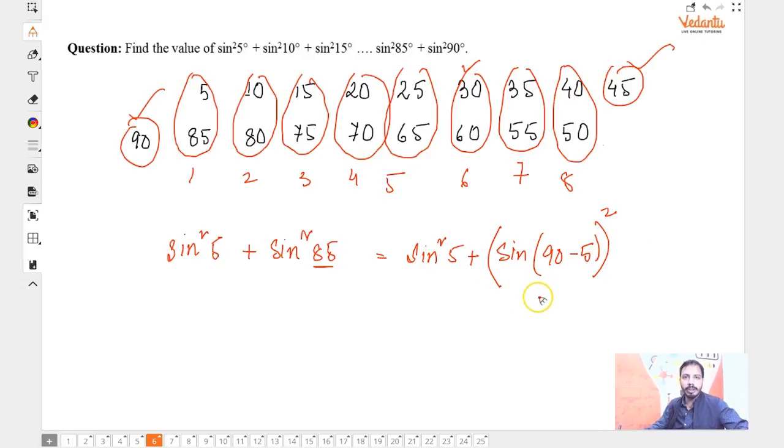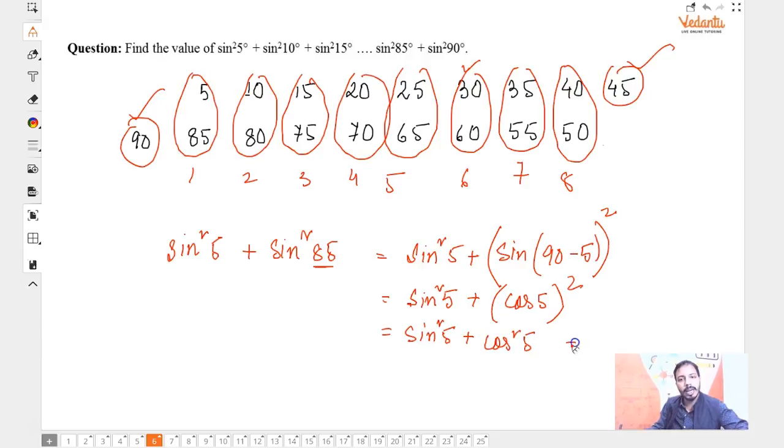This is something you need to understand, okay? Now I can write this as sine square 5 and I know sine of 90 minus 5 can be written as cos of 5 and whole square. So this can be written as sine square 5 plus cos square 5 and this is nothing but 1. Similarly, all these complementary pairs, there are 8 complementary pairs, will give me 1.